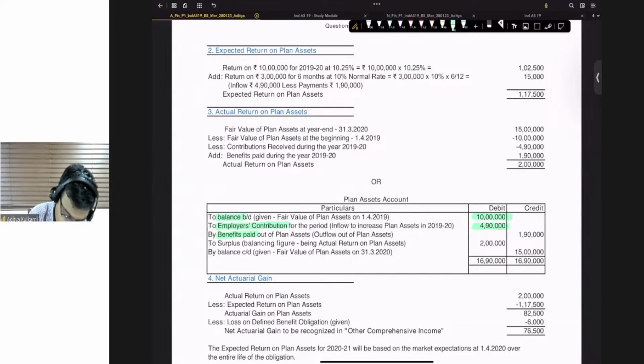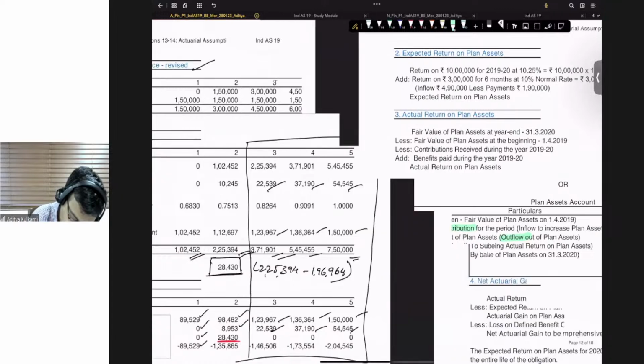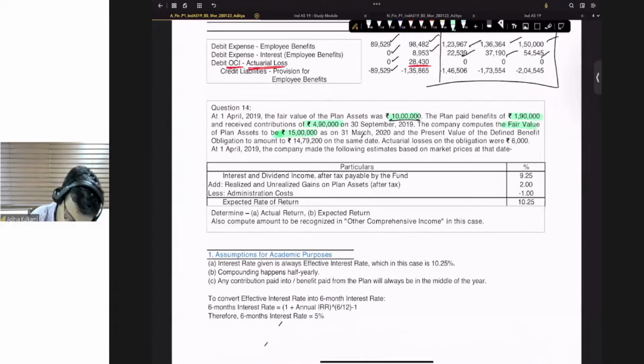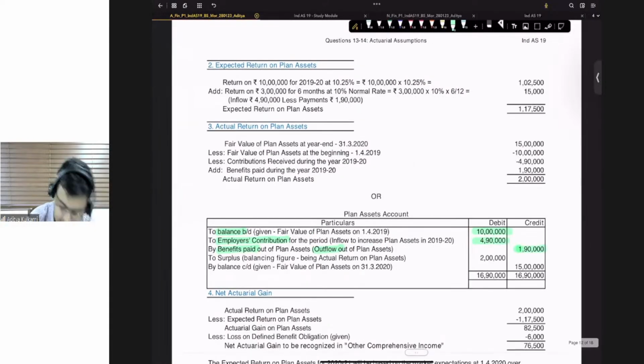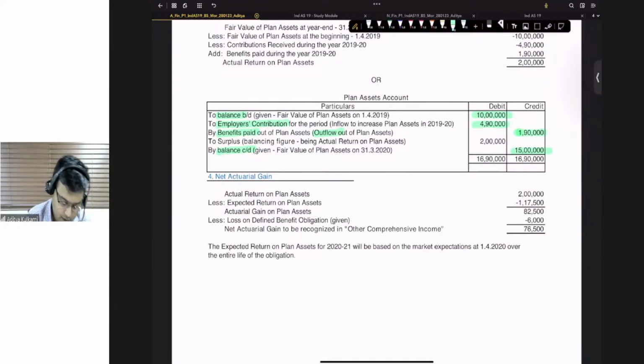Benefits paid, which is an outflow, credit 1 lakh 90,000. So both increase and decrease we have given effect to. Closing fair value is 15 lakhs. Balance carried down 15 lakhs. So therefore, the surplus, that is the balancing figure, is nothing but actual return on plan assets.